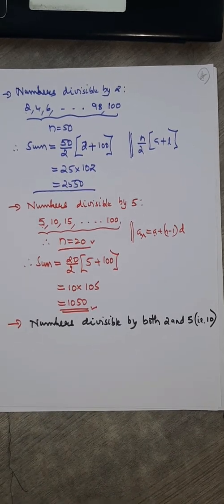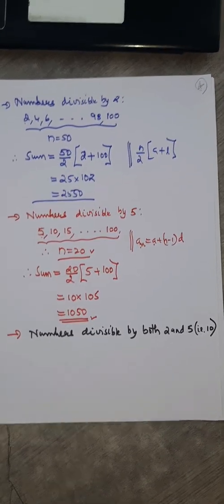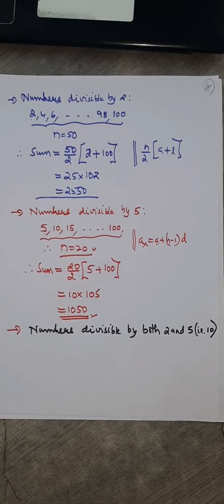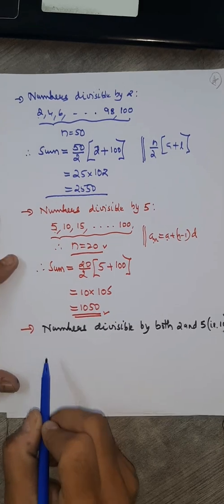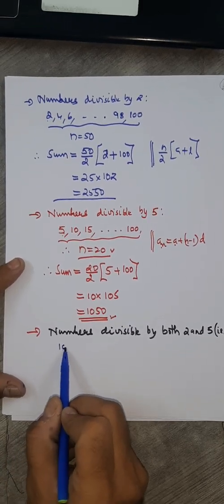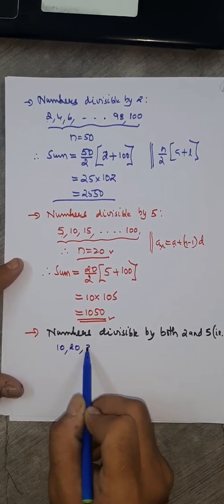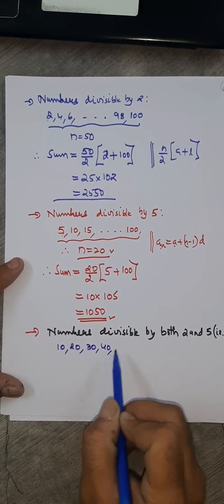So these numbers are 10, then 20, then 30, then 40 and so on.